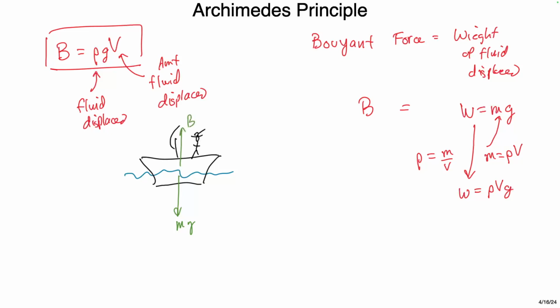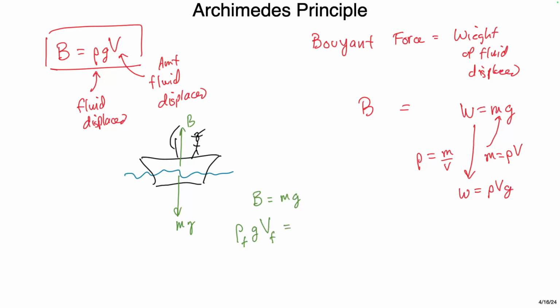And so, that means that the buoyant force acting on a boat has to be equal to the weight of the boat. But the buoyant force is the density of the fluid displaced times little g times the volume of the fluid that's displaced.